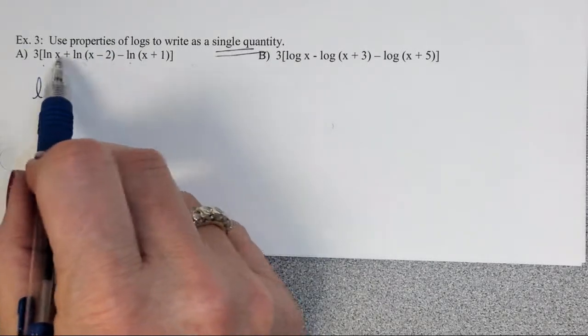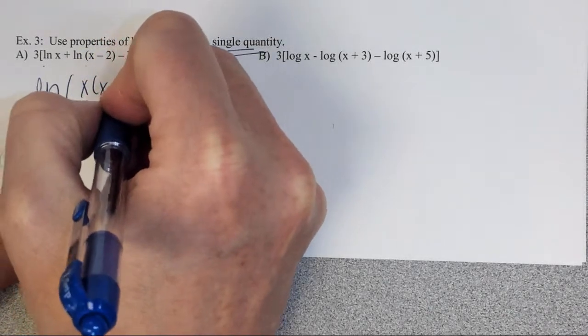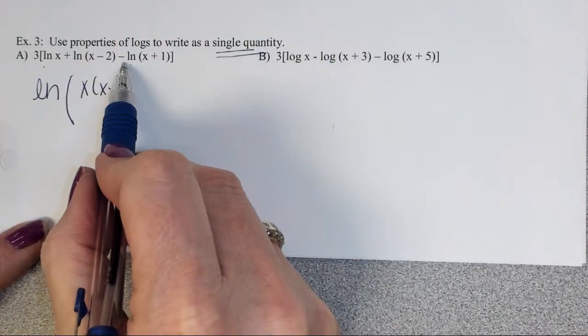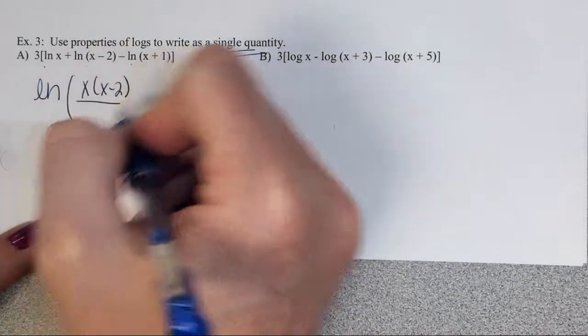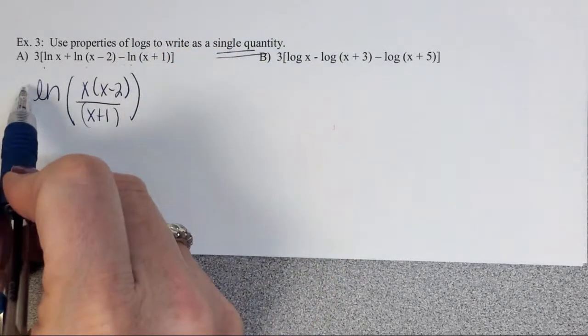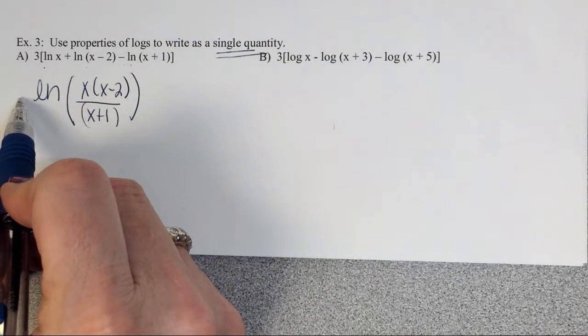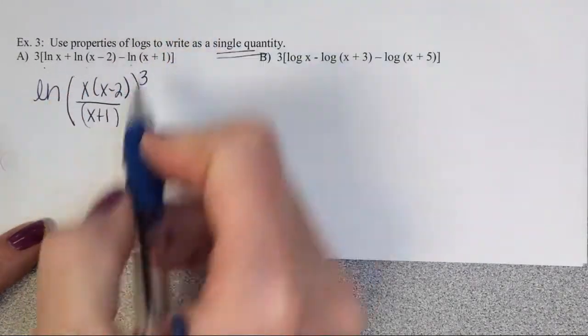Multiplication, just of what comes after them. Just what comes after them are getting multiplied. Then we have subtraction. What's that going to turn into? Division. Now, I have a 3 out in front, but what would that turn into? Cubed. Now, the cubed has to go here.